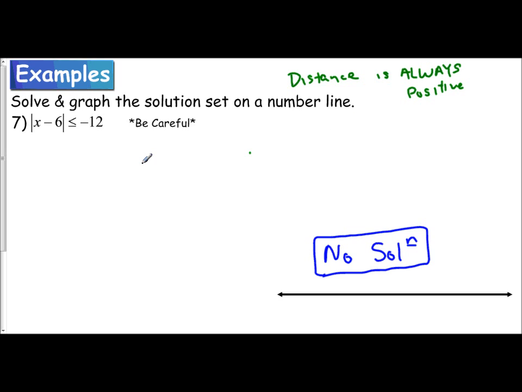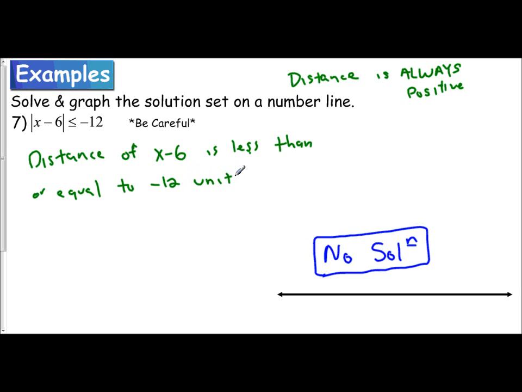And so when dealing with this problem, we see here that our distance of x minus 6 is less than or equal to negative 12 units from 0.